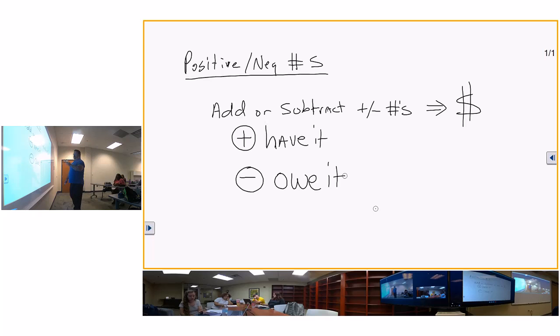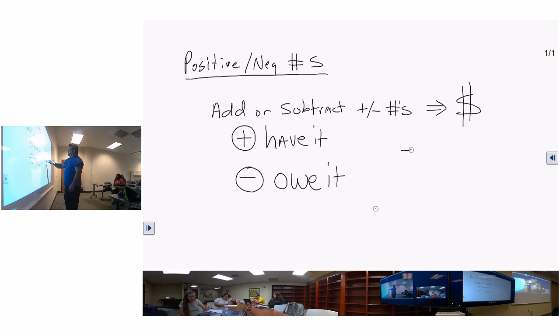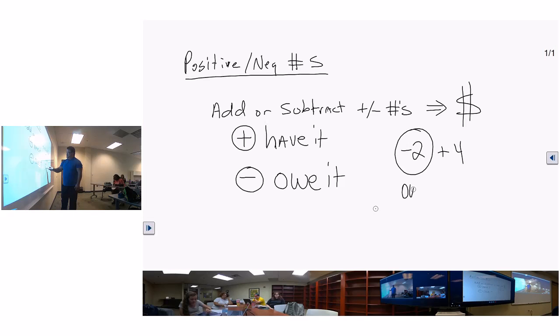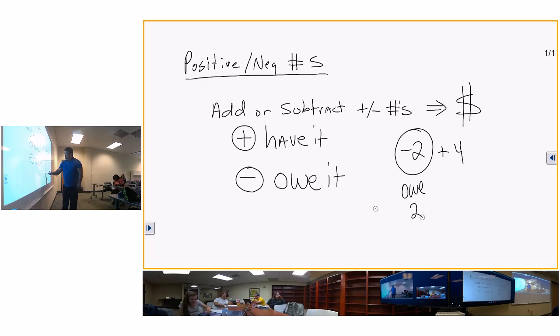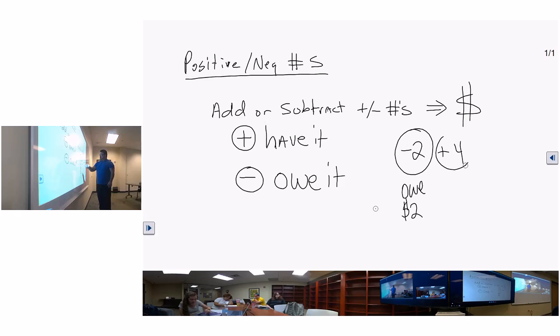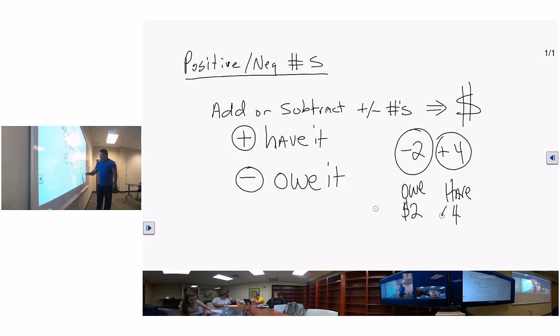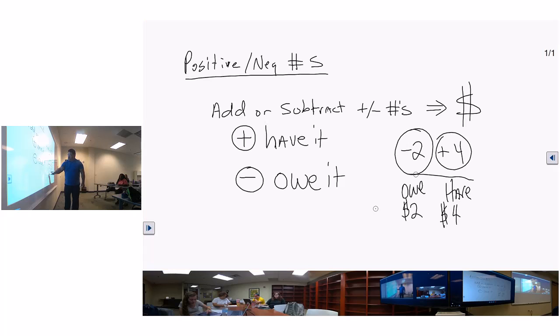But let's go with this. -2 plus 4. This right here says I owe $2. This right here says what? Now, this doesn't take rocket science. If you owe $2 and you have $4, what's the outcome of this transaction?